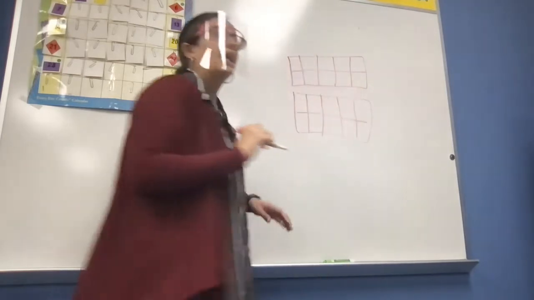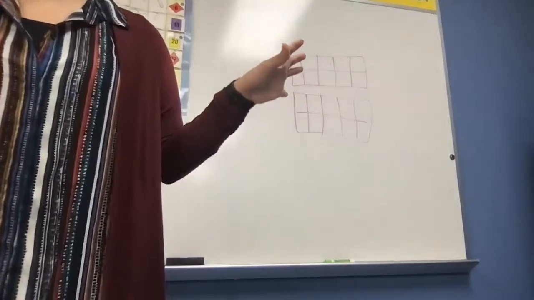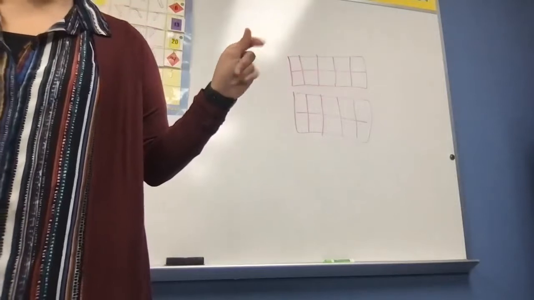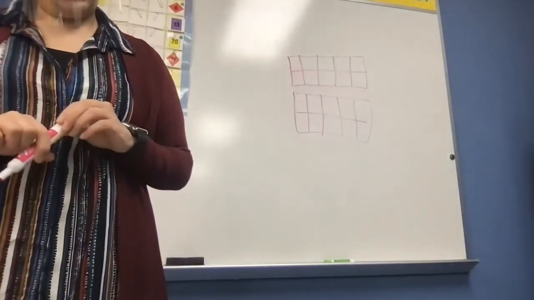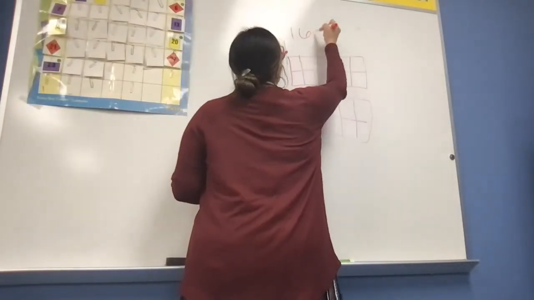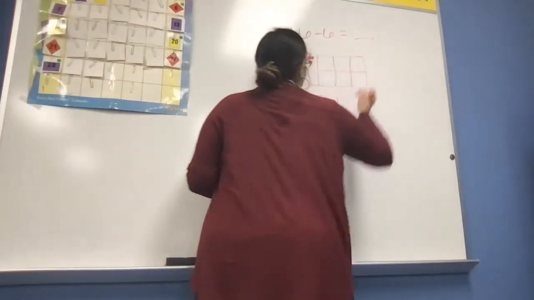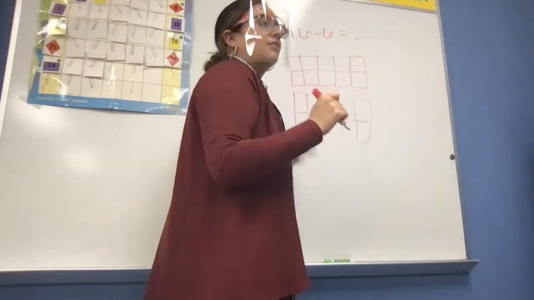Okay, now let's see, what number should we do? I want to subtract 16 minus 6. So I'm going to do 16 minus 6 equals blank.